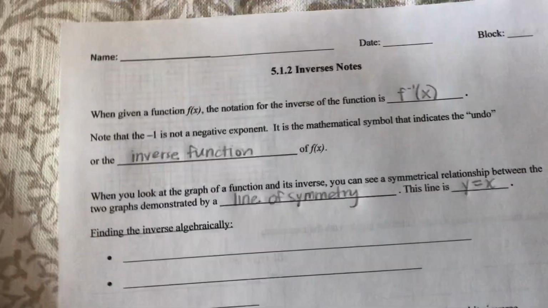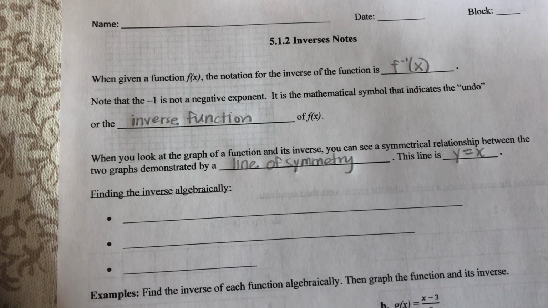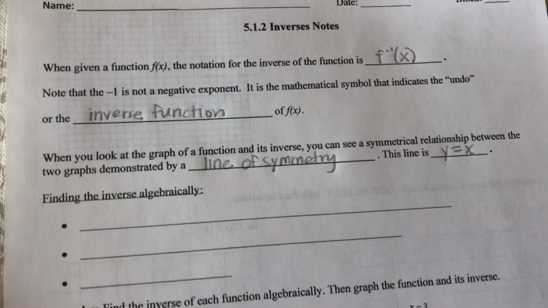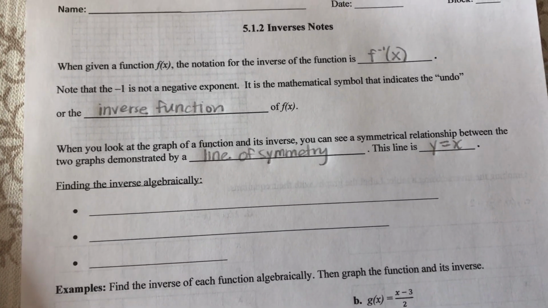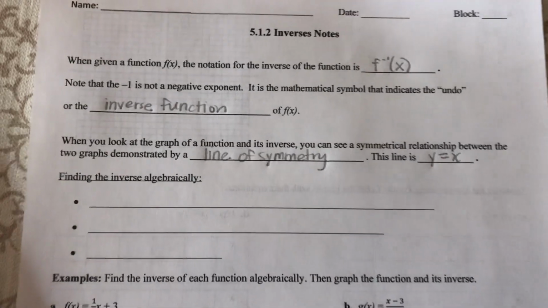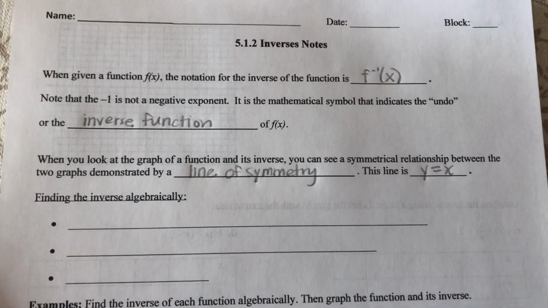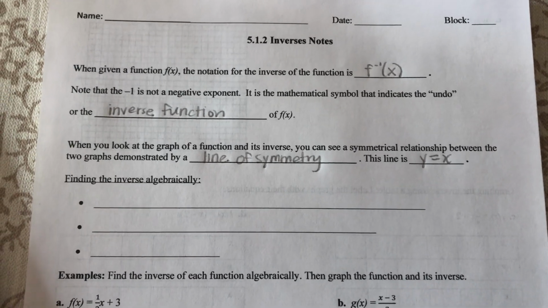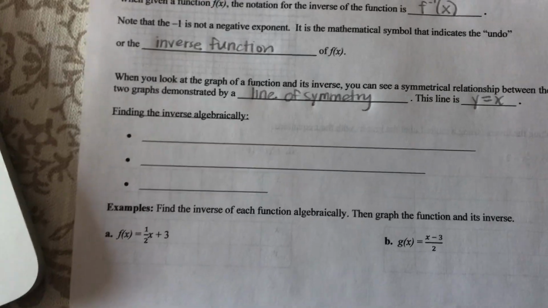And I'm going to explain this further when we actually graph these inverses, but on your assignment from last Thursday, Friday, on the day 14-15 assignment, the second to last problem was that you had to choose one of the pairs of functions and their inverses to graph, and you saw that they were the same. For those of you that did it, that they were the same graph, same shape. The lines that I drew both were increasing, and they also do have a line of symmetry, and that's the relationship between a function and its inverse. And again, I'll show you when we do the examples down here.